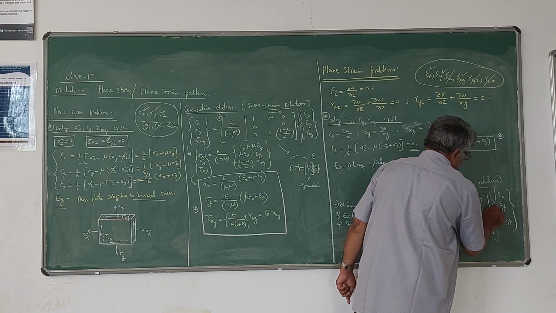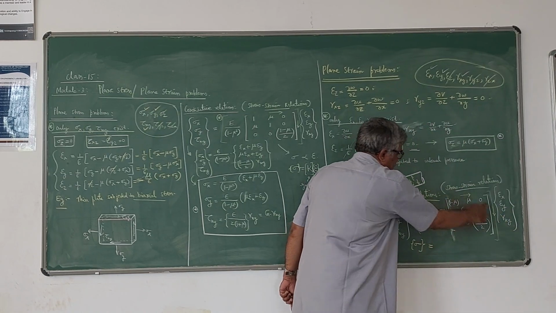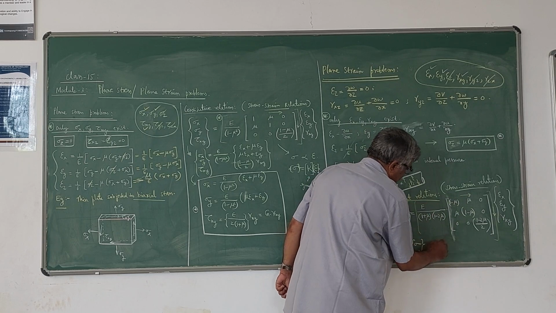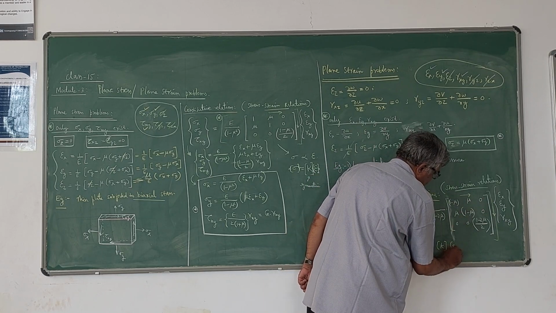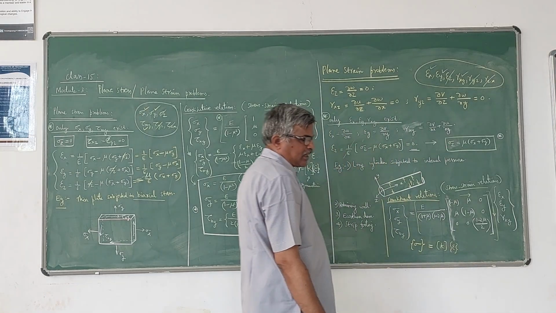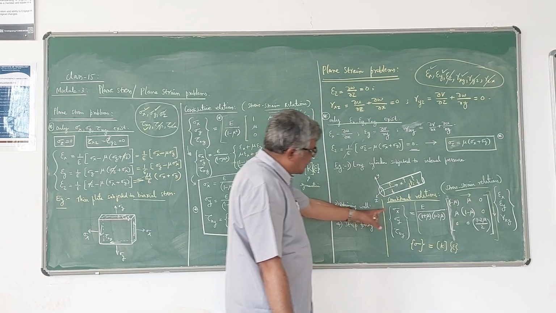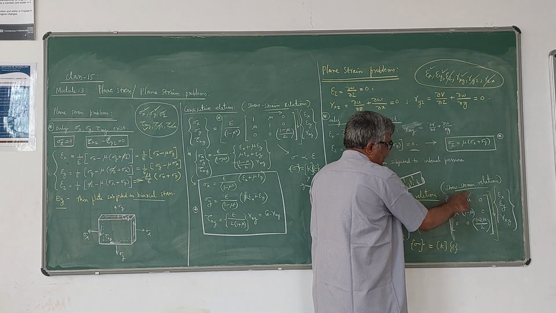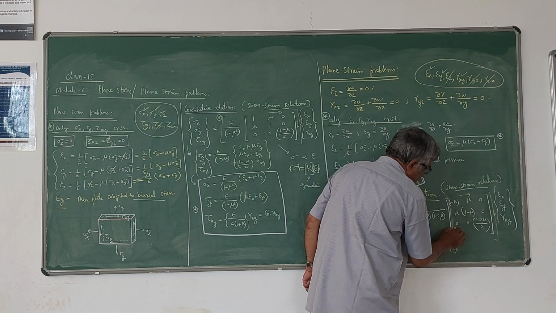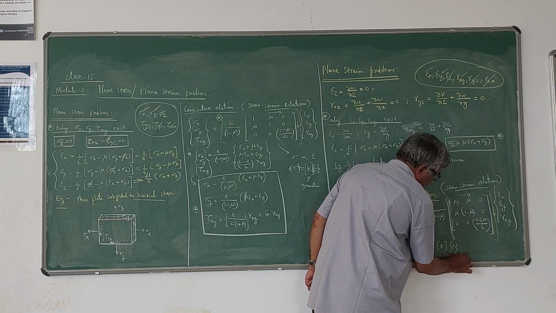So if you can express this in matrix form, this entire thing is your K now, and this will be your strain matrix or strain vector. So sigma is sigma x, sigma y, tau xy. This K is this entire thing. And once again, you can see that this K is symmetric.